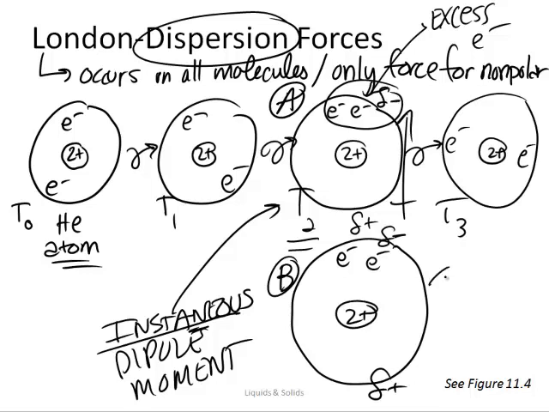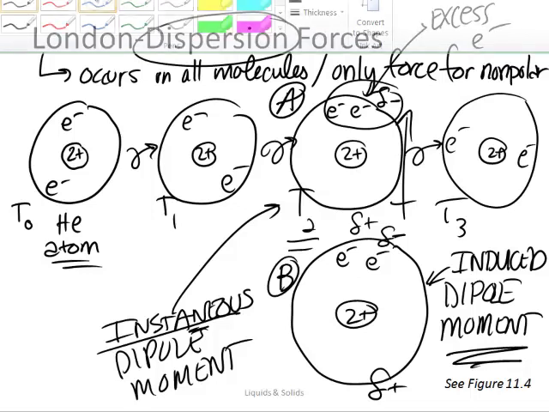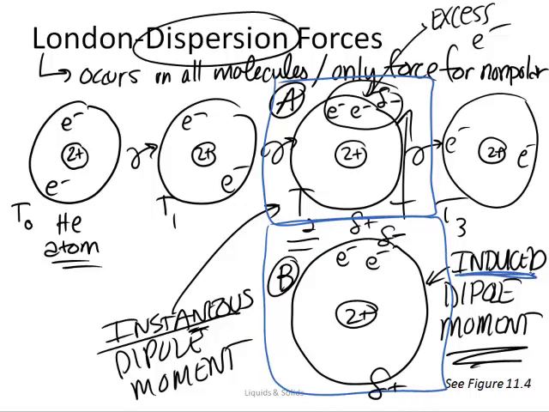And that is an induced dipole moment. Helium A had a dipole moment just because of sheer random probability, an instantaneous dipole moment, but because helium B was nearby, its dipole moment was caused, or induced, by helium atom A.